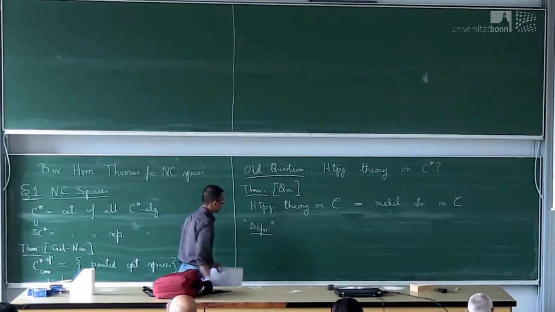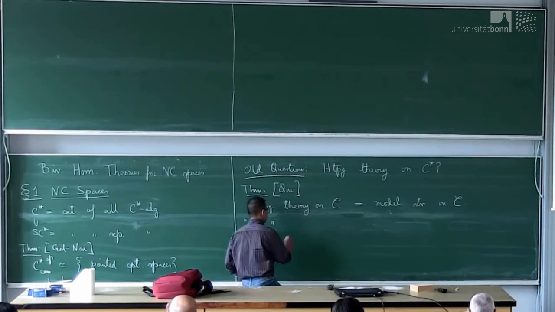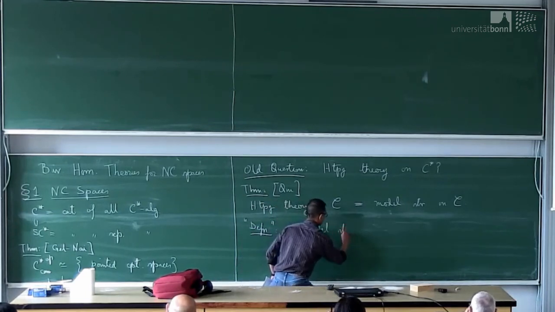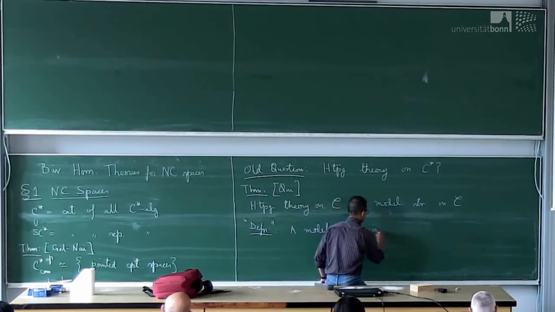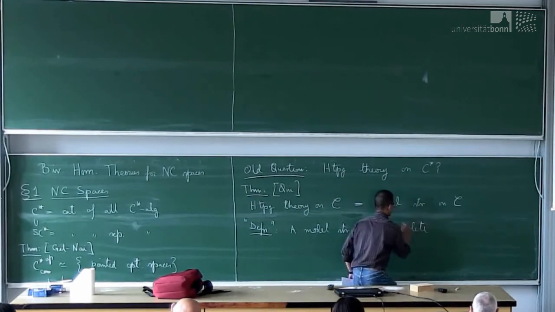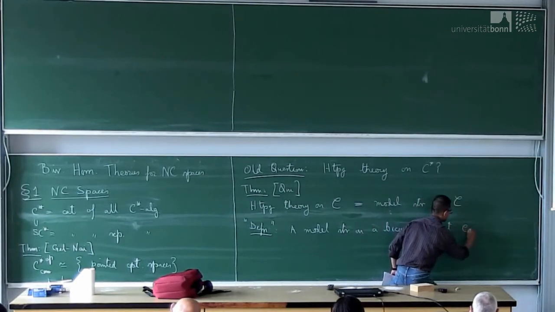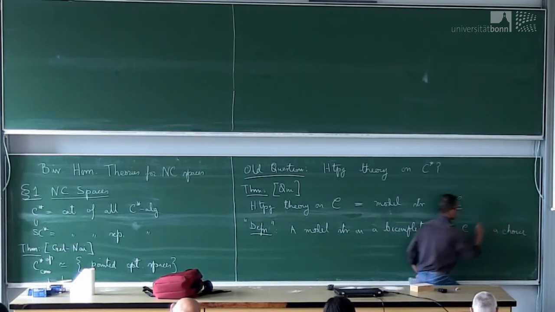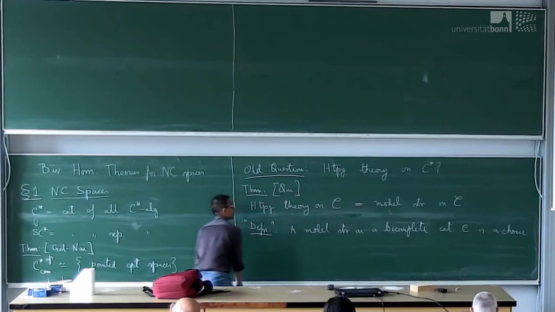So now the definition part. A model structure on a bicomplete category C is a choice of three subcategories.